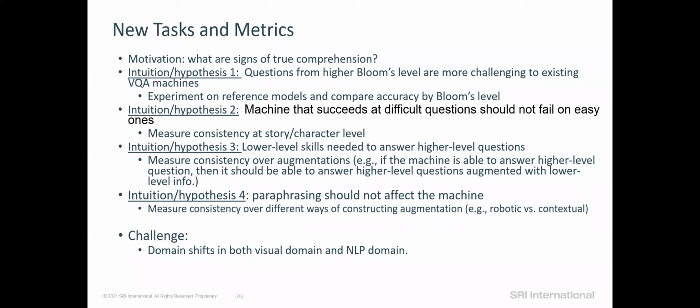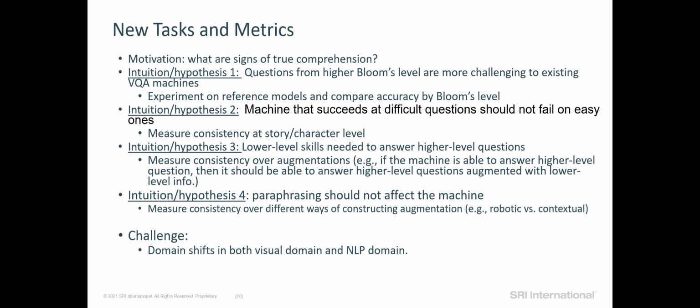So of course, answering questions at the higher levels of the taxonomy is harder. So that is an obvious hypothesis, but here are some not so obvious hypotheses. Just because you got the difficult question right, you should not fail on the easy questions. So you can also measure consistency at the story character level, right?